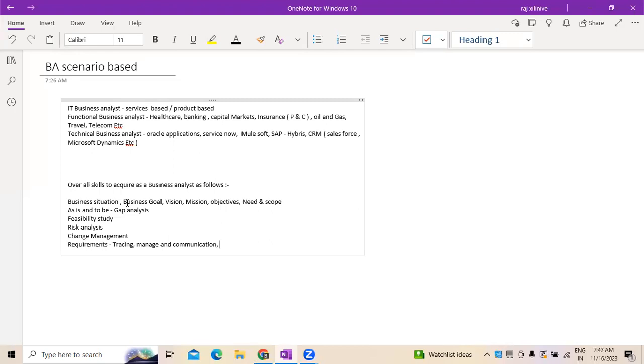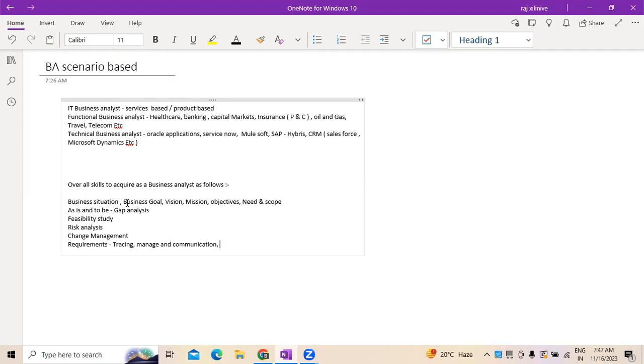Because we need to communicate with the stakeholders and get the information out of it, there are different ways of communication we use: exchange of documents, presentation preparations. At the same time, we go to the client location. Through observation, we get to know many things.